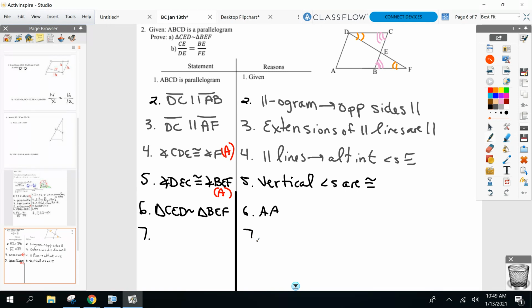So CE and DE, yep, those are in that triangle. And BE and FE, yep, they're in triangle BEF. You never know. It is honors. CSSTP.